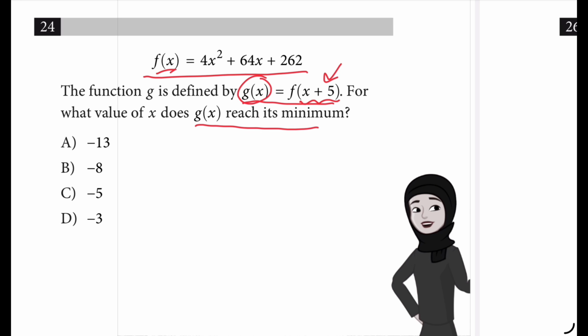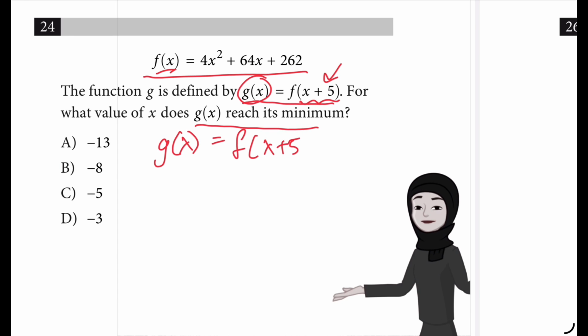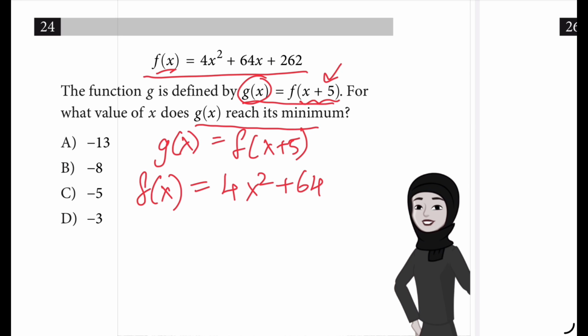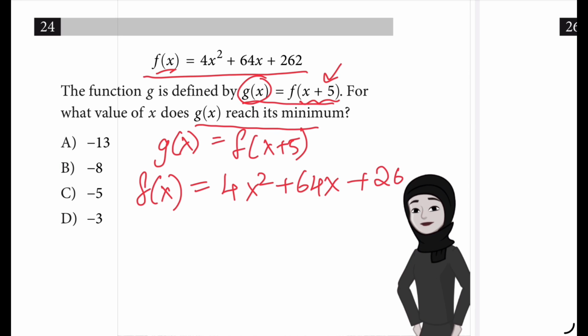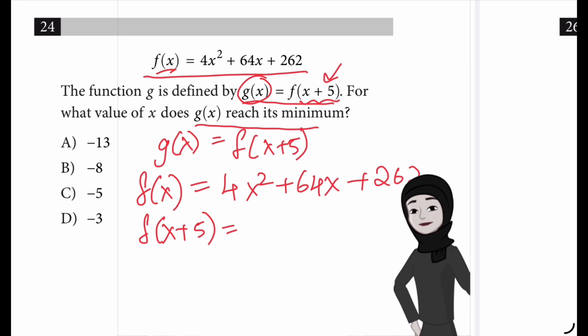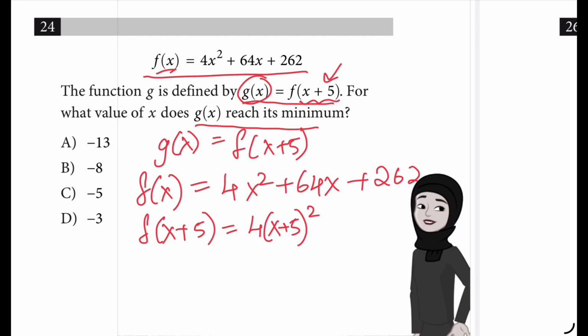So first step what we can do is, we know that g of x is equal to f of x plus 5. And what is our original f of x function? It is 4x squared plus 64x plus 262. Next, we will find f of x plus 5, or in other words, wherever there is x, now our input is x plus 5.